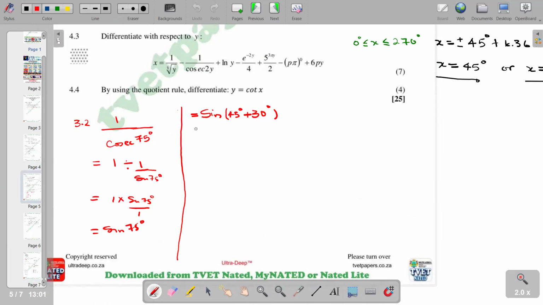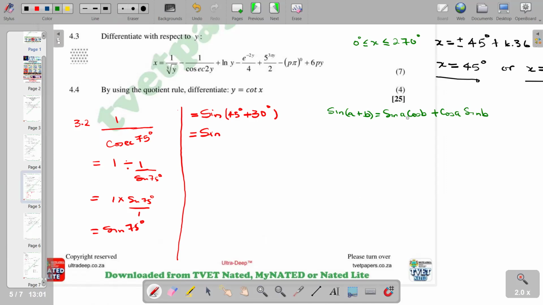So this can now be written using the formula sine of A plus B is equal to sine A cos B plus cos A sine B.